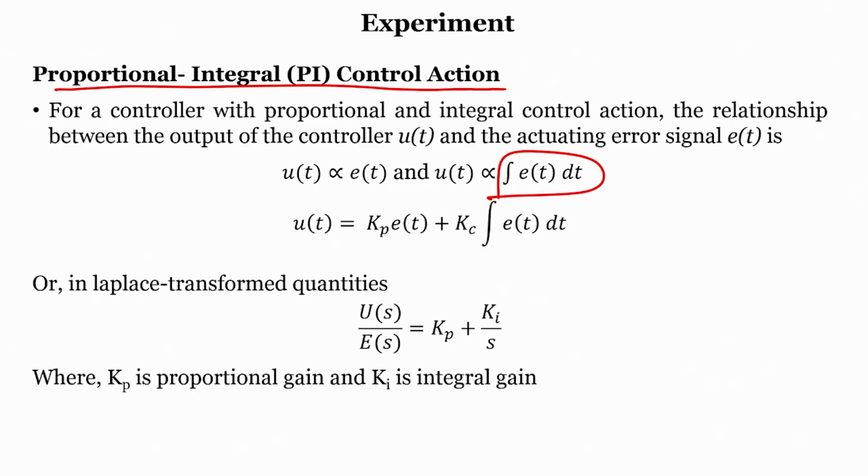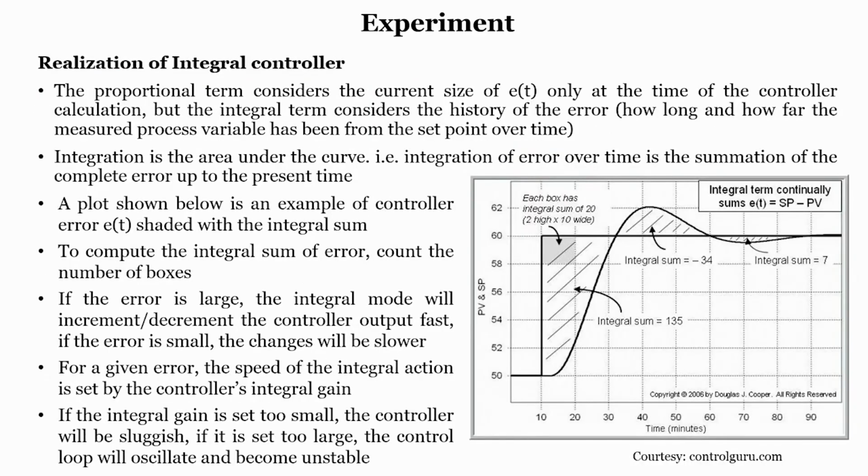But if there is an error between your input and output, and the error is always constant, it cannot pump a higher or lower value of input voltage to the plant in order to reach the required set point, because it does not have any intelligence. Whereas in this case it will always keep adding up. If the error is constant, the accumulation of error keeps increasing, and as a result it changes your output voltage. As we have already seen in the theoretical explanation by the professor, just recall.